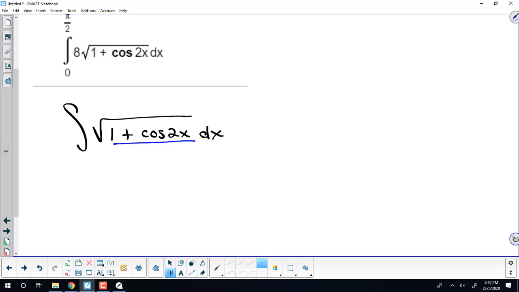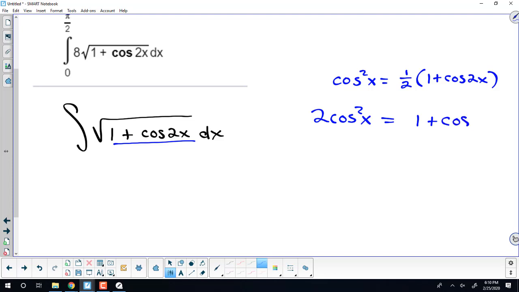That's reminding us of this identity, and that should be somewhat familiar because we've had to integrate sine and cosine squared kind of frequently. So the thing I'm trying to integrate under the radical is actually just 2 cosine squared. So that helps out a lot.